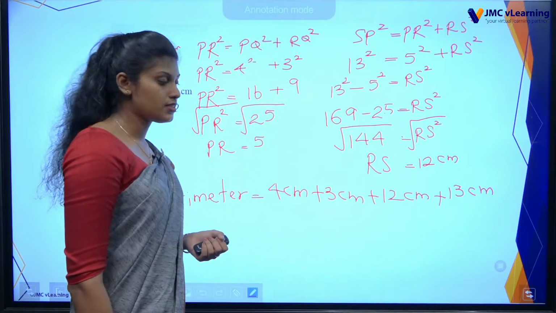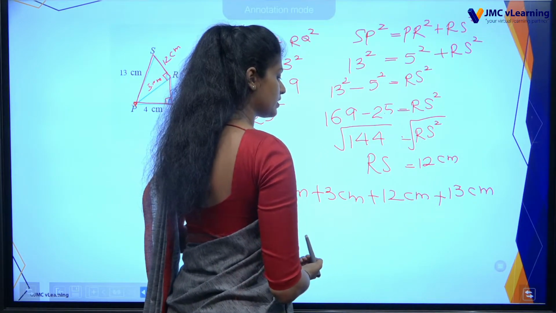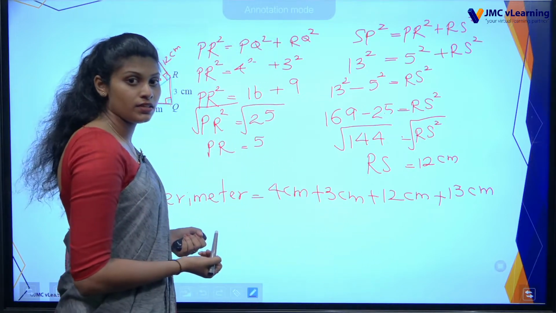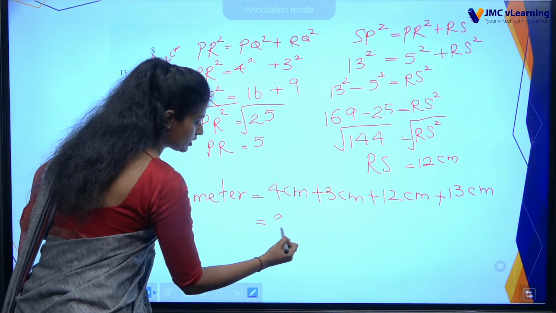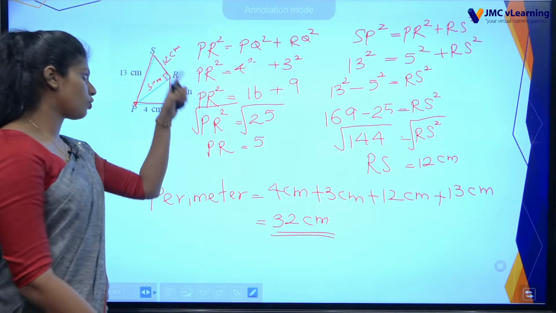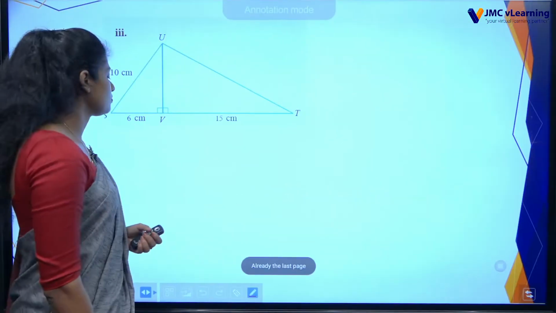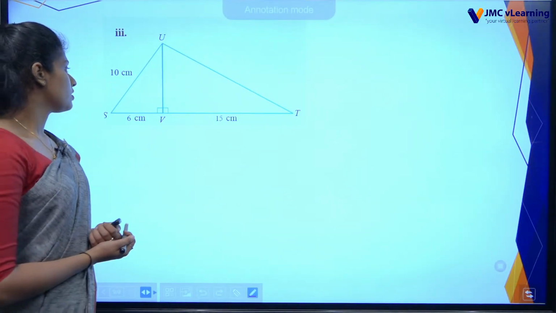Now let's add all this. 13 and 12, it is 25. 25 and 3, 28. 28 and 4, 32 centimeter. So what is the perimeter of this figure? It is 32 centimeter.